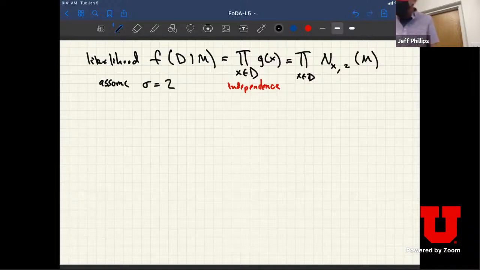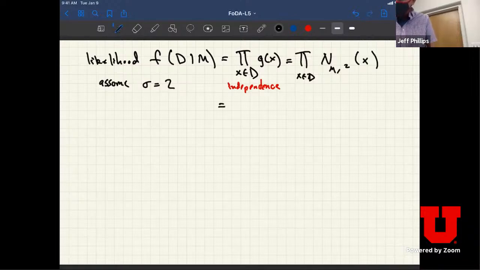Or we can do this the other way around. It's symmetric, so we can center it at the model and evaluate the data. We can do that just as well.